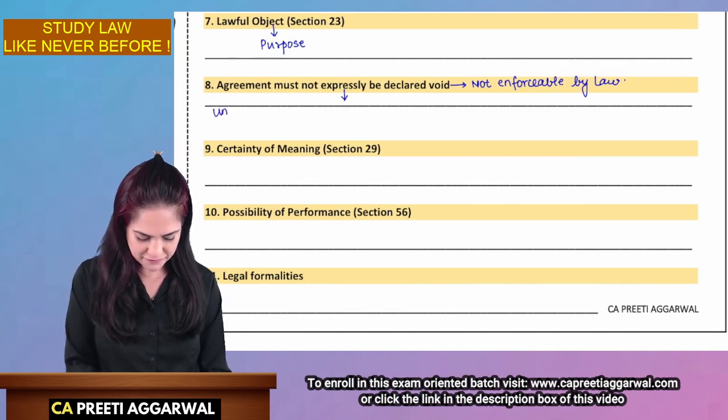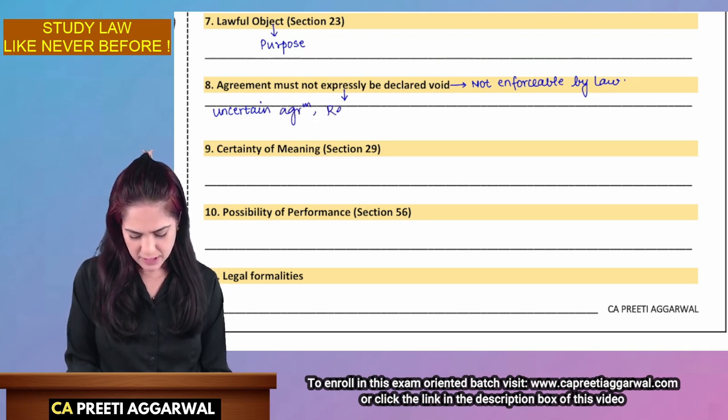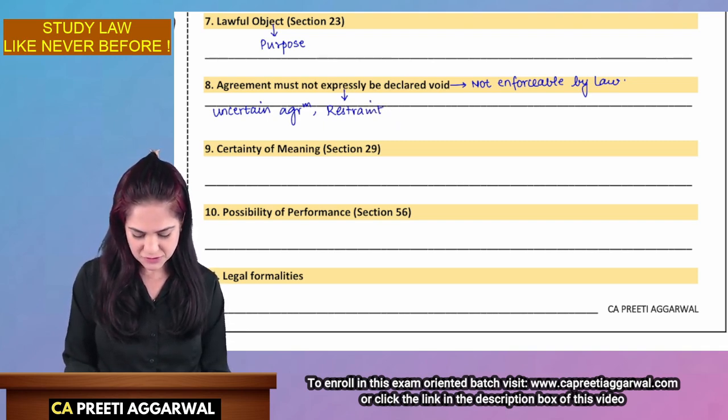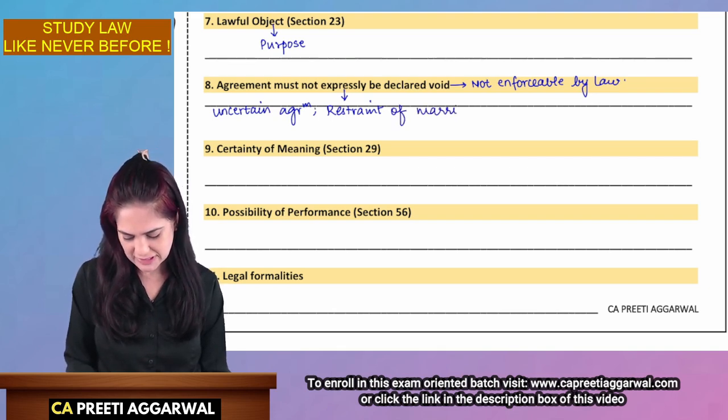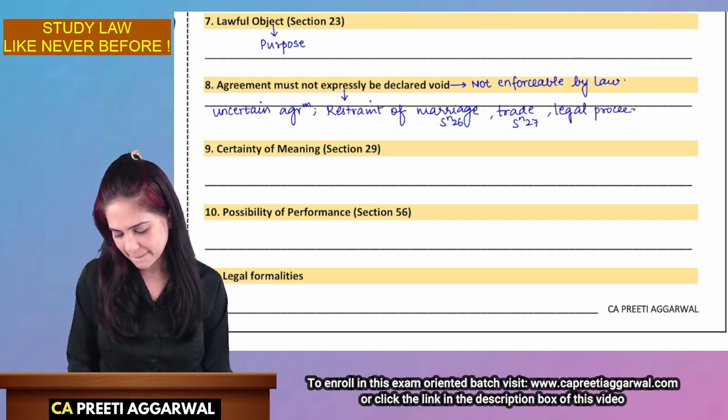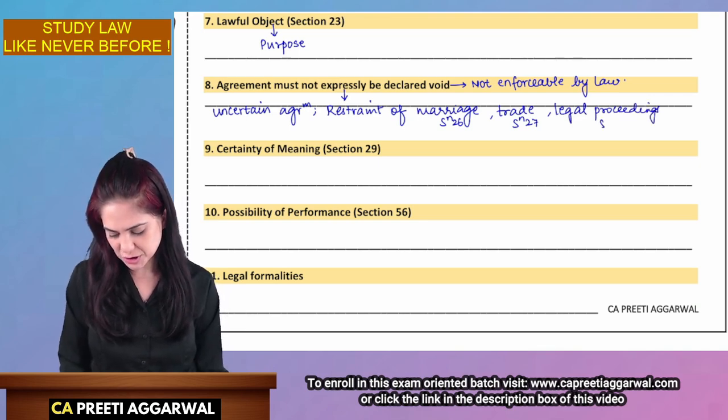In case of uncertain agreements, agreements in restraint of marriage, section 26. Agreements in restraint of trade, 27. Legal proceedings, section 28.